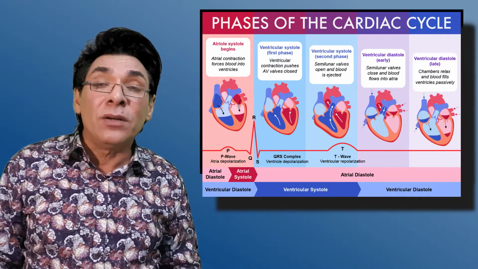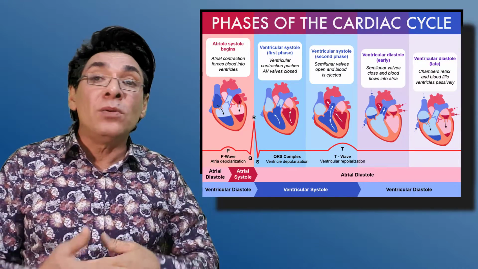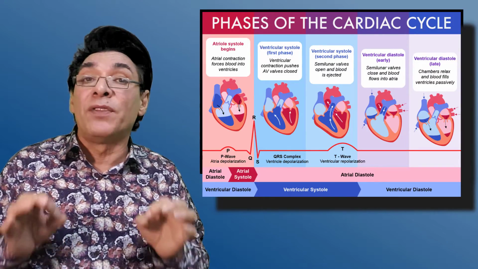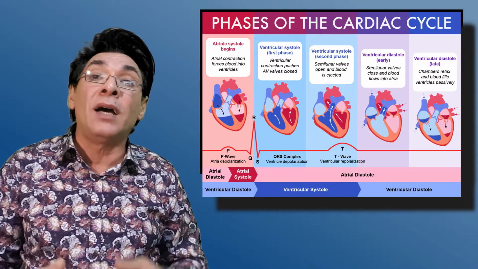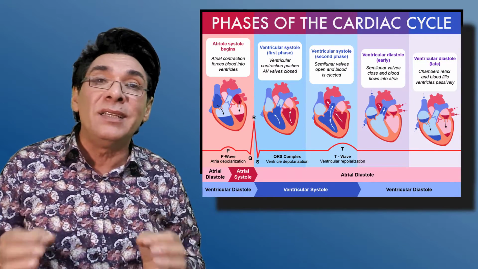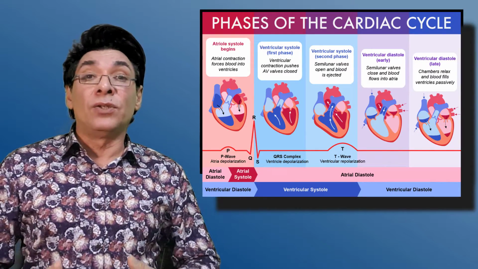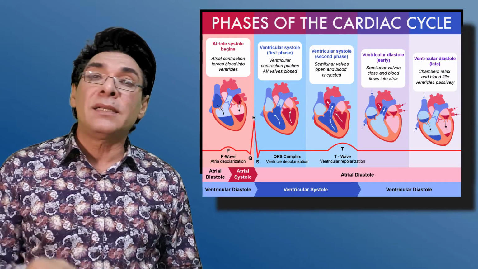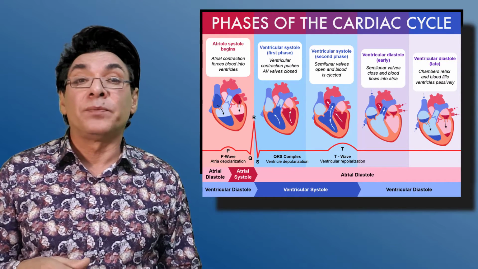Ventricular systole. Ventricular systole follows the depolarization of the ventricles and is represented by the QRS complex in the ECG. It may be conveniently divided into two phases lasting a total of 270 milliseconds.